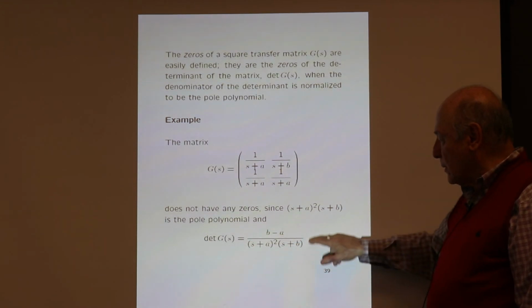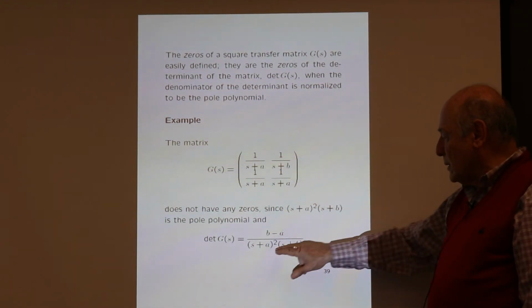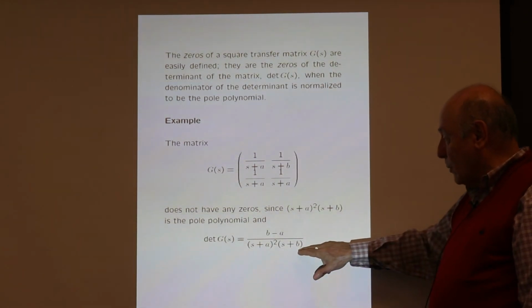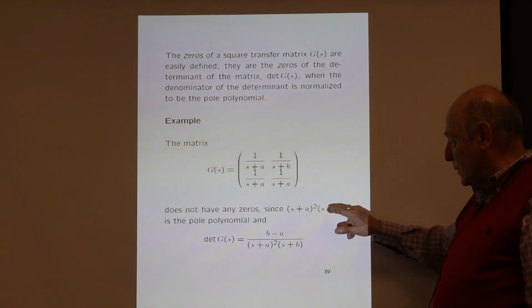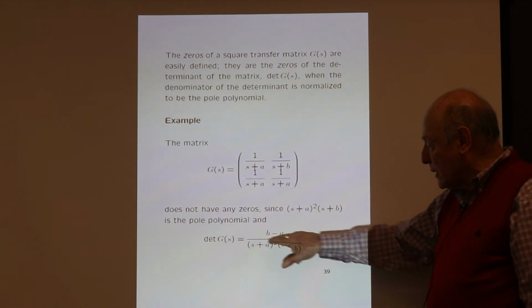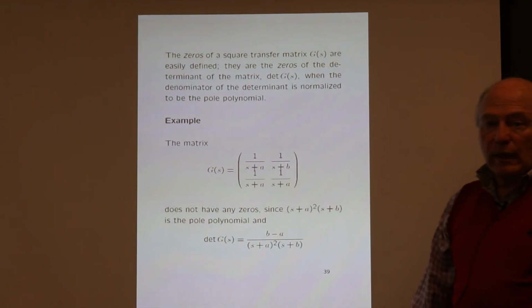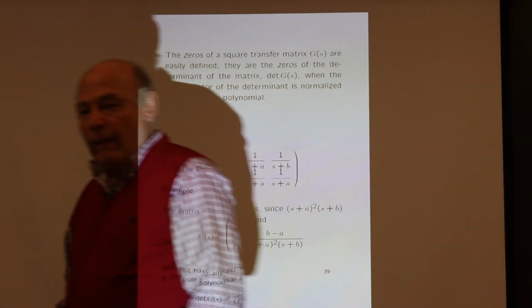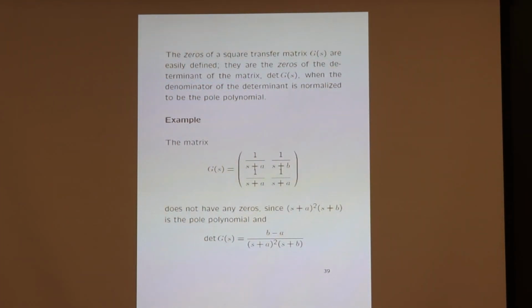This is the determinant of G, of this matrix. It has precisely the pole polynomial as the denominator of the determinant of G, because this is what we computed. So the zeros are the zeros in the numerator. There is no zero here because the numerator is constant. So there is no zero.